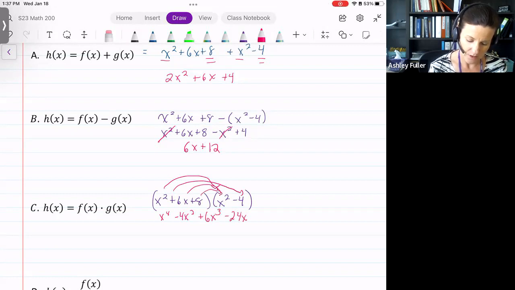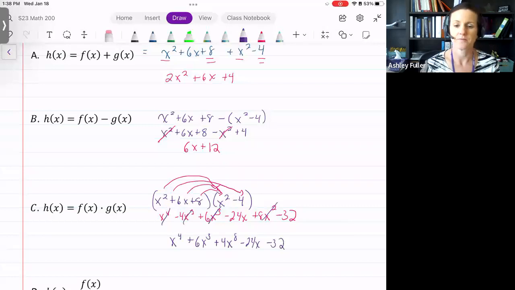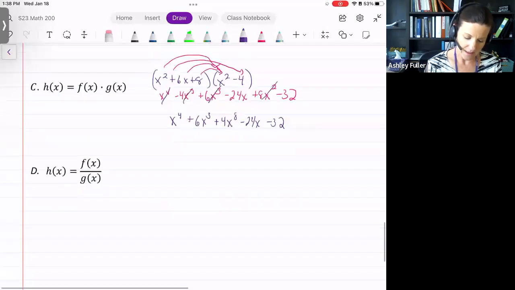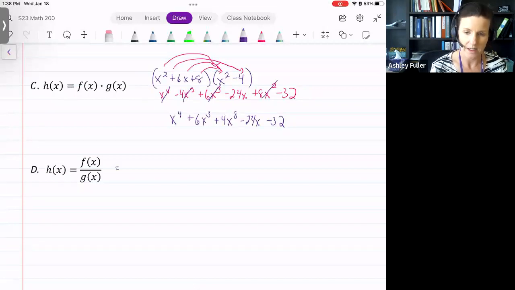And last but not least, we do the same thing with 8 plus 8x squared minus 32. And when I combine my like terms, I end up with x to the 4th plus 6x cubed plus 4x squared minus 24x minus 32.